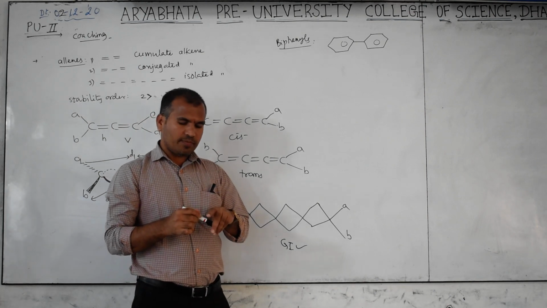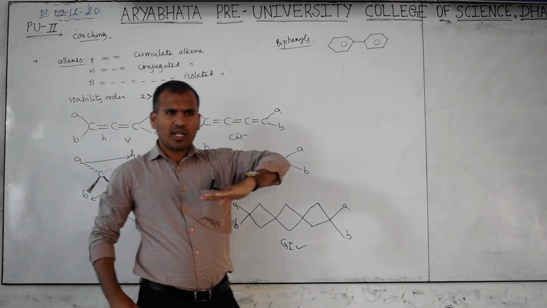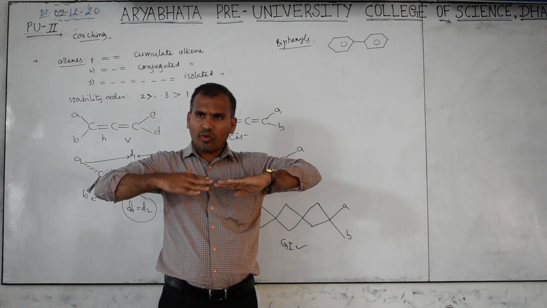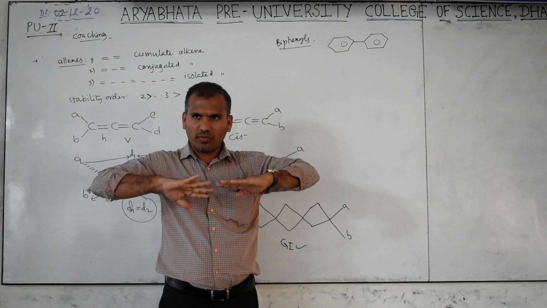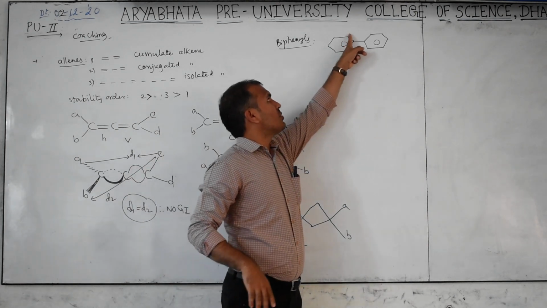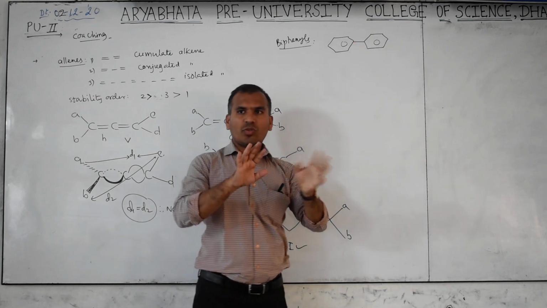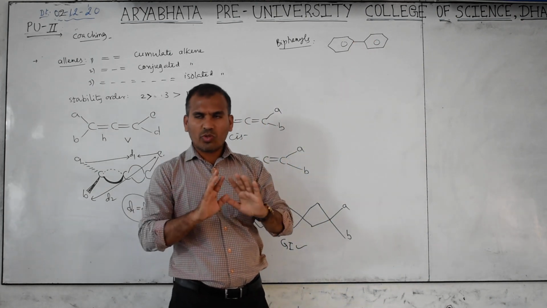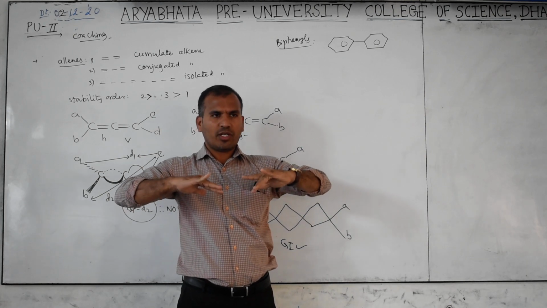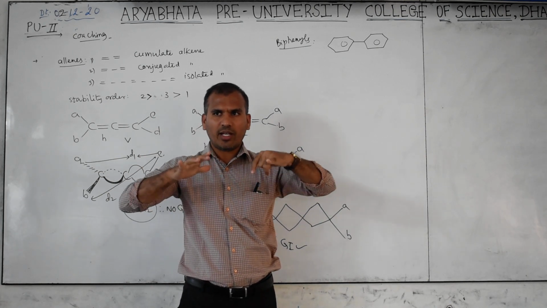Now, carefully observe. One benzene ring like this, another benzene ring also like this. Now, if you rotate, it can rotate. Why is it rotatable? Because here the groups are smaller groups. There is no steric repulsion, because hydrogen is a smaller group. Here hydrogen, here hydrogen, this hydrogen, this hydrogen.